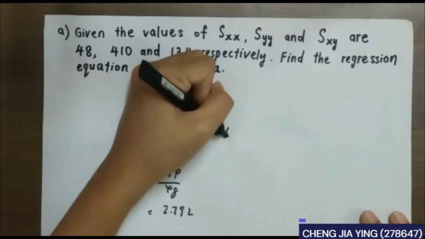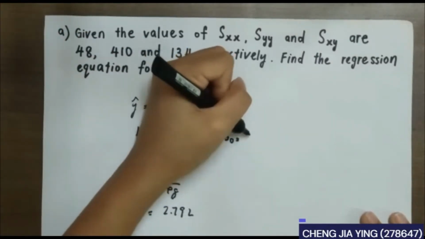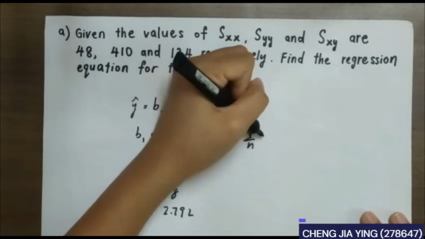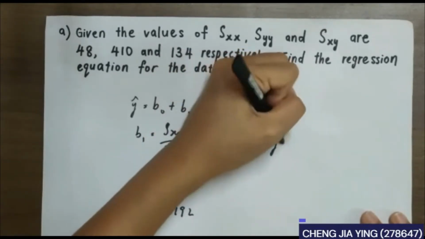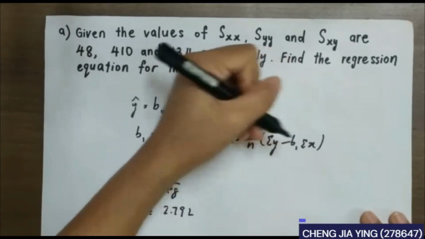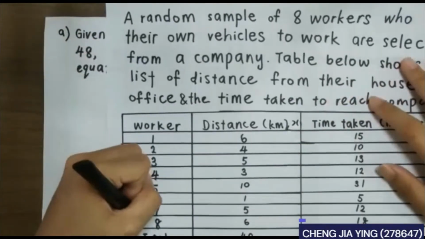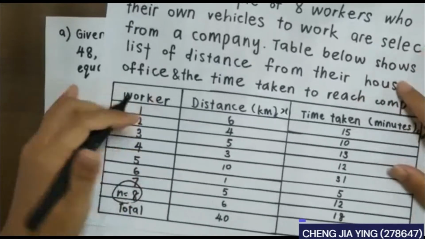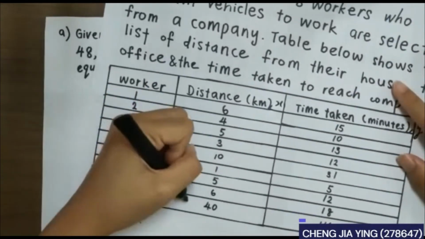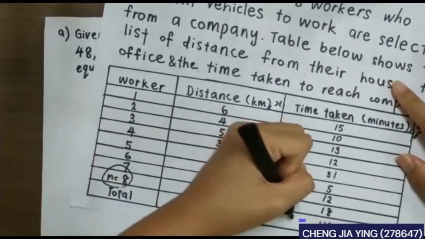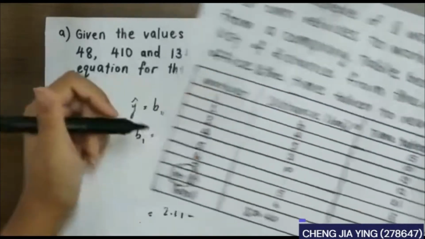Then we find the value of b0 using the formula b0 equals 1 divided by n times the total y minus b1 times the total x. From the previous table, we know that n is 8 because there are a total of 8 workers, and the total of x is 40 while the total of y is 116.